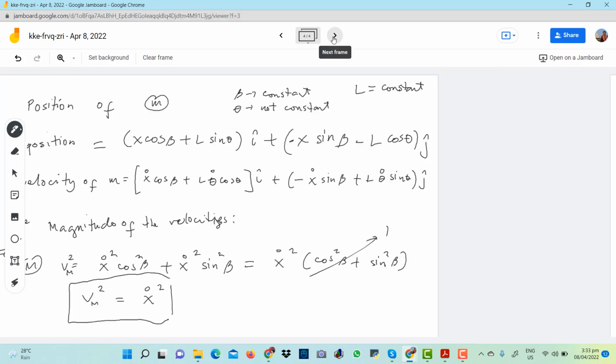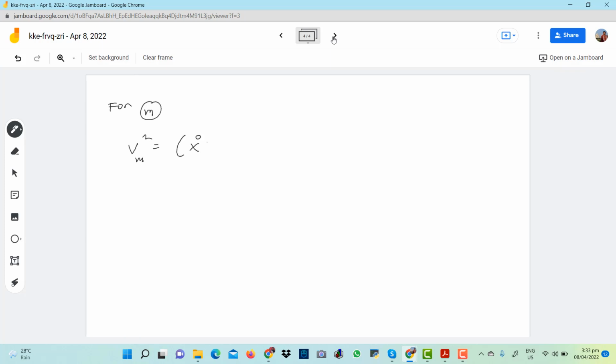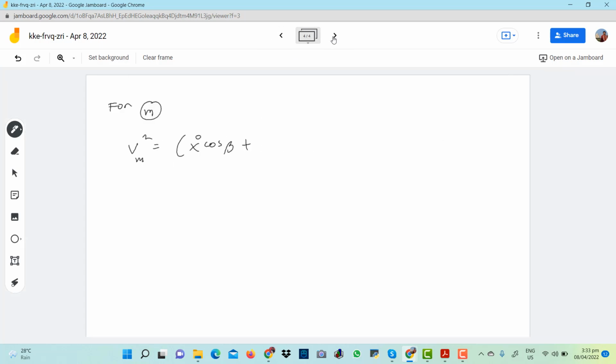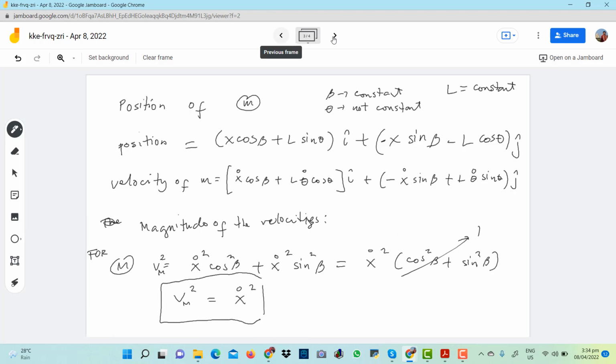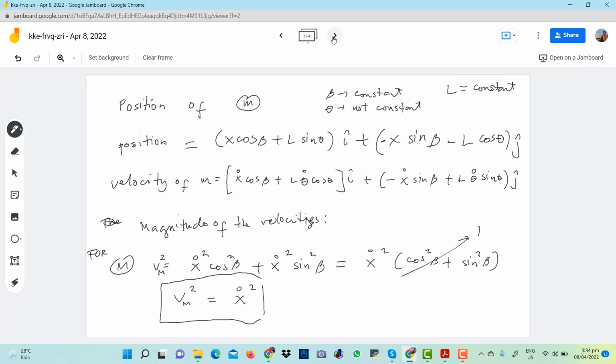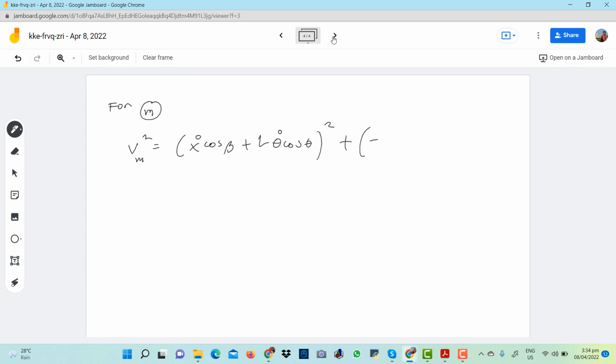So you just square them. I have x dot cosine beta plus L theta dot cosine theta, quantity squared, plus minus x dot sine of beta plus L theta dot sine of theta, quantity squared.